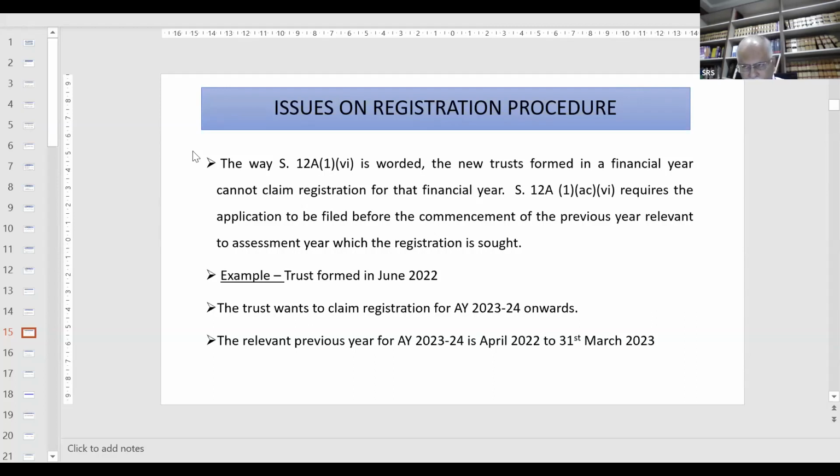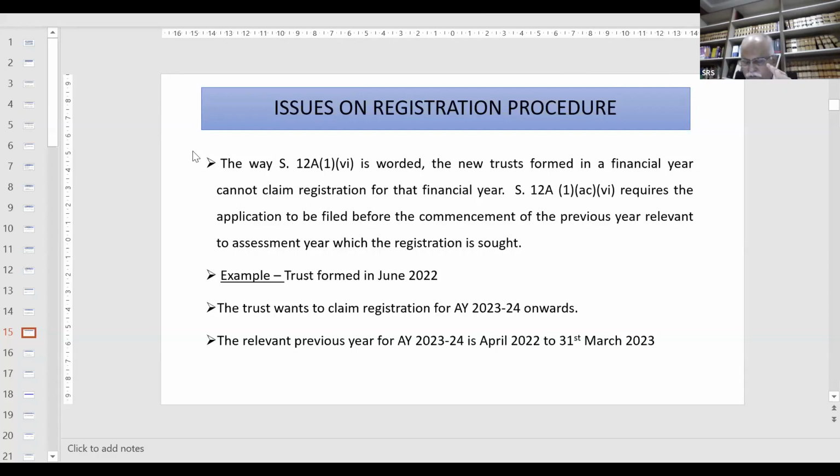Yeah, I agree with you, it becomes unworkable, but look at the language of subclause 6. In any other case, at least 1 month prior to the commencement of the previous year relevant to the assessment year from which the said registration is sought. So there is absolutely no reference to activities in these matters. The activities are referred to only in subclause 3, which deals with a conversion of a provisional registration into a final registration.